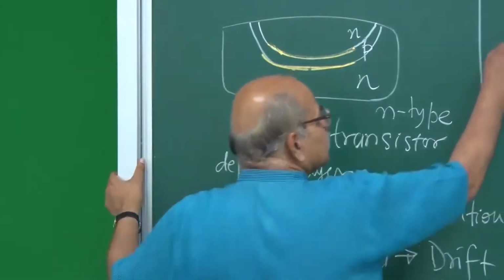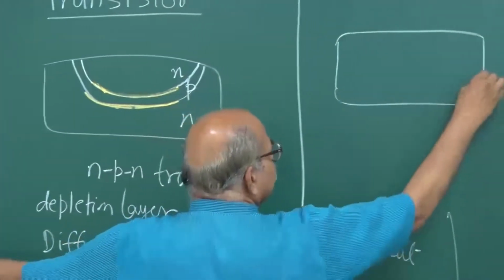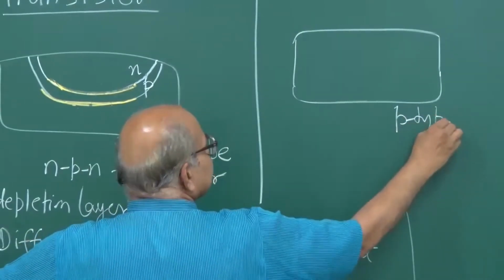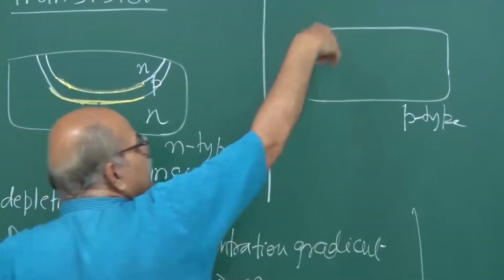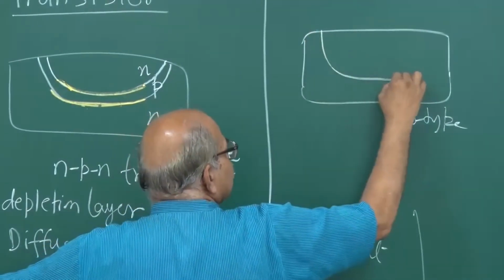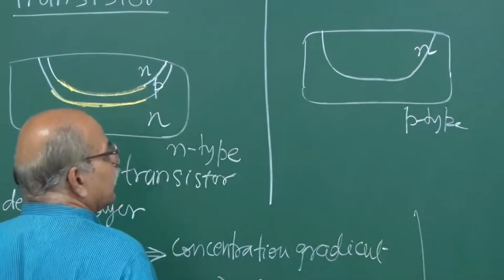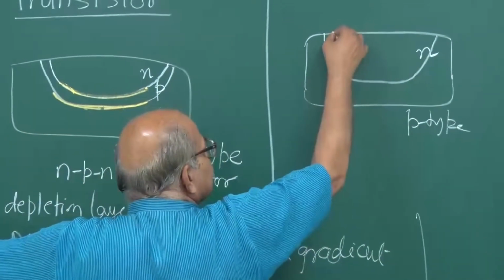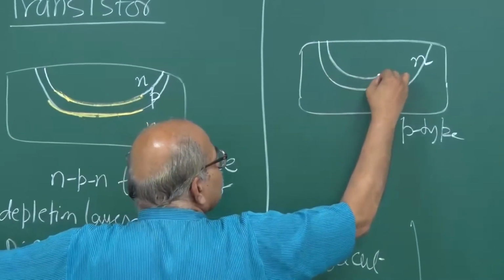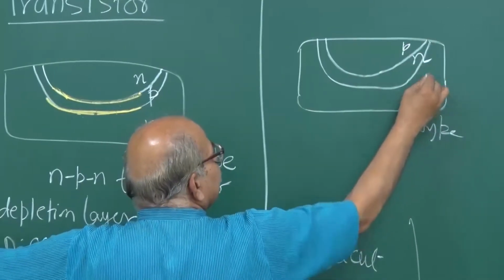You can start with a wafer which, to start with, the whole thing is P type. Then you diffuse N type from one side, and suppose this is N type, and then you diffuse again P type, stronger concentration, so that you get this P type here, and then you get PNP.